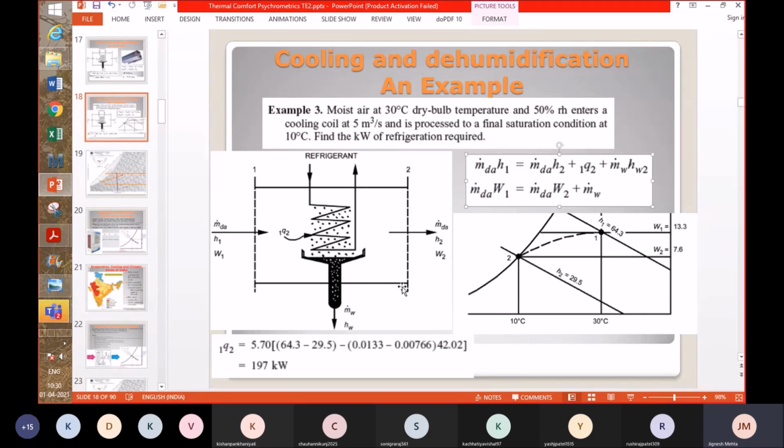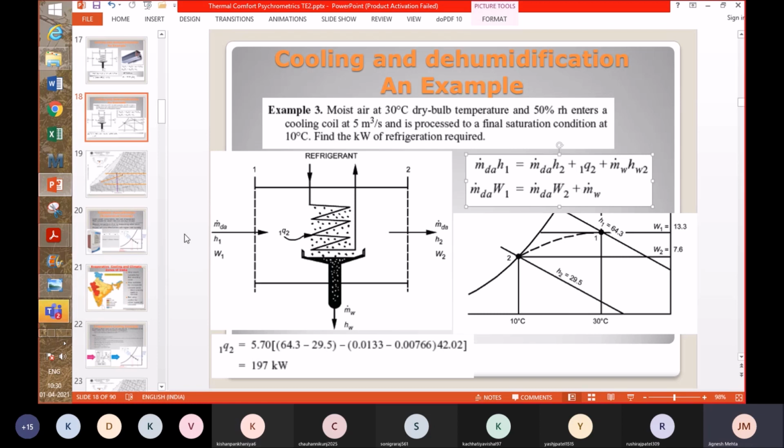So roughly it is 4.2. Or if you want to be more accurate, you can get it from the saturated properties of water also, because the properties or enthalpy of subcooled liquid and the saturated liquid depends mainly upon the temperature.